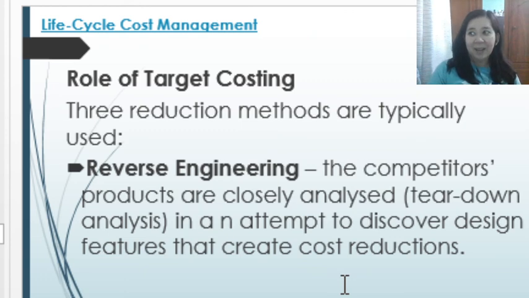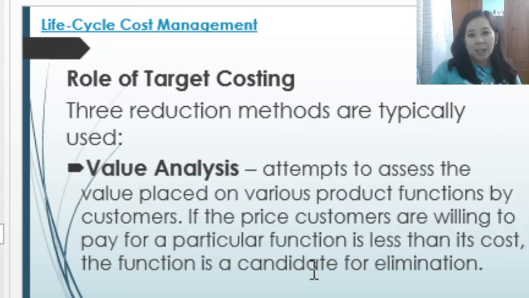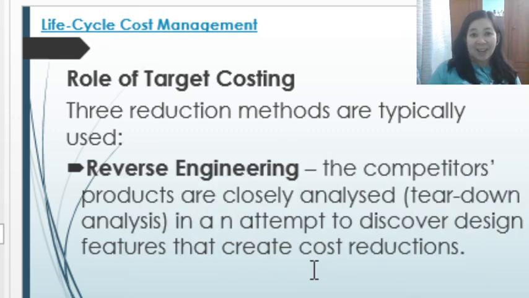So the entity might buy a particular product of their competitor and dissect it in terms of its features, and try to create a process or features that will reduce the cost of producing this product. That is what we mean by reverse engineering.